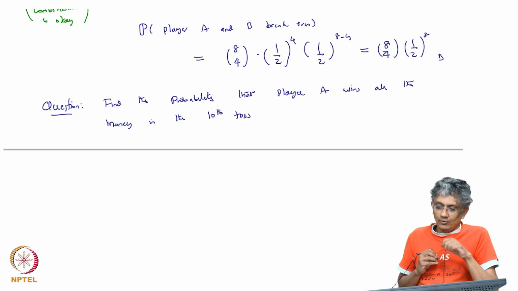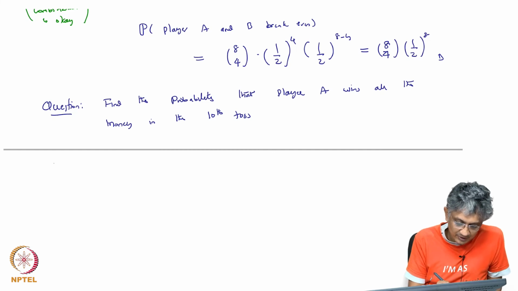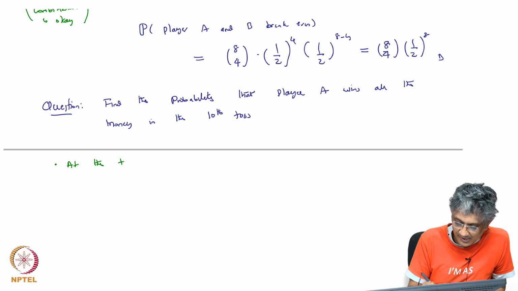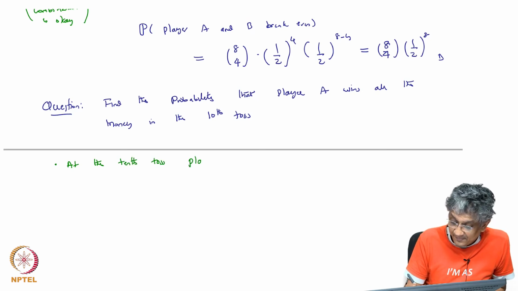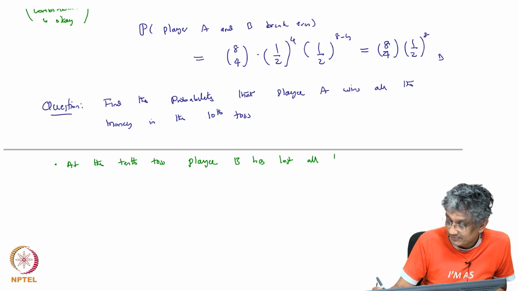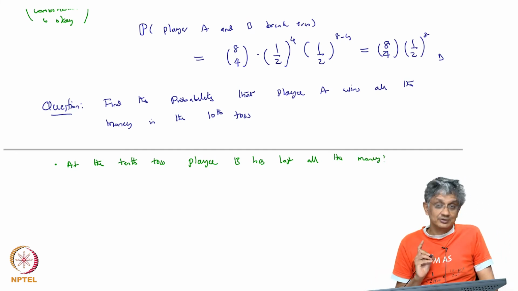So here, what things do we note now? One thing to note is that at the 10th toss, player B has lost all the money. That's one thing you must note.